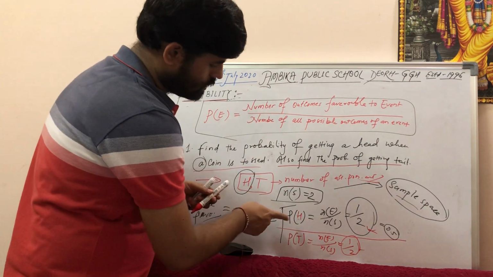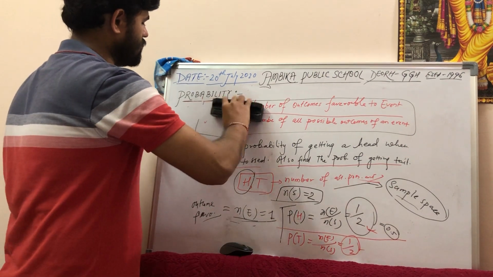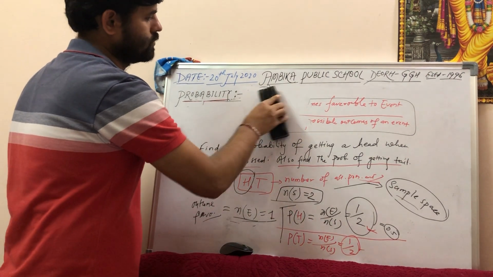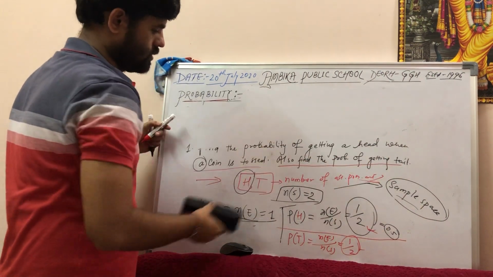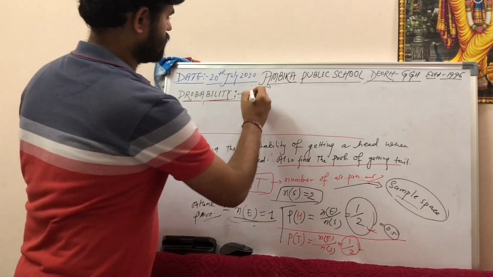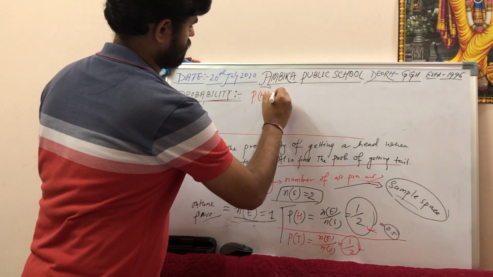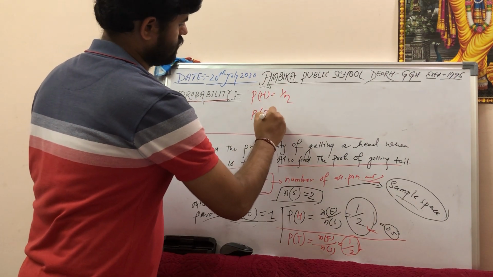If you see this, P(H) and P(T), let me erase this point. If you see, P(H) equals 1 by 2, P(T) equals 1 by 2.